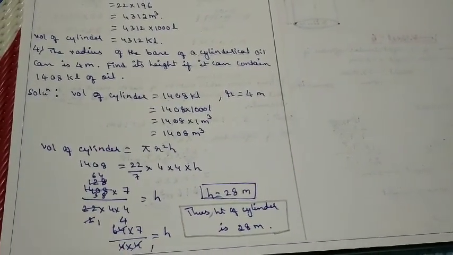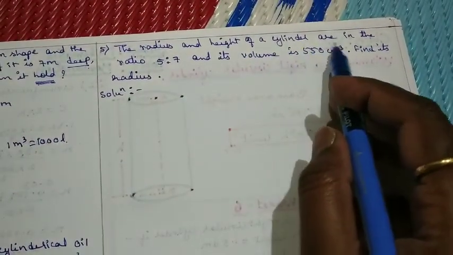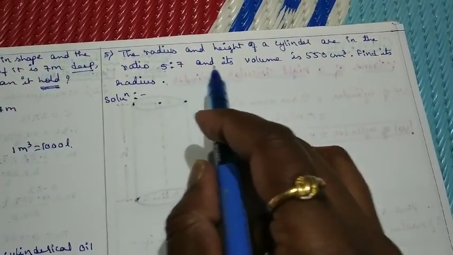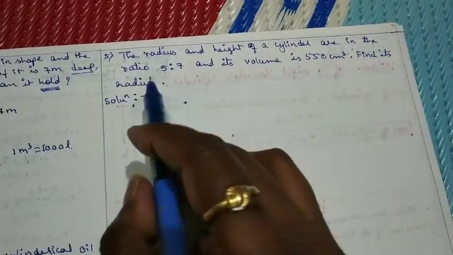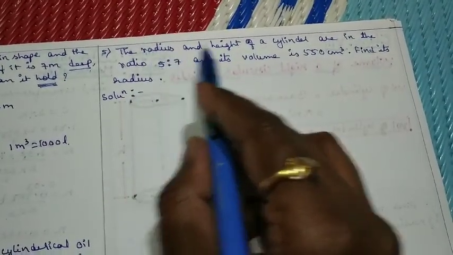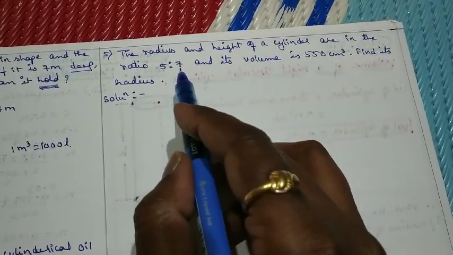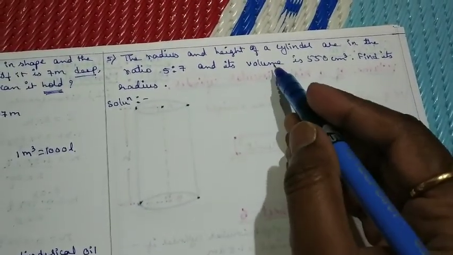Now we'll move to the fifth question. The radius and height of a cylinder are in the ratio 5:7 and its volume is 550 centimeter cube. Find its radius. So here radius and height are both given, but in the form of a ratio. So we need to first find the constant ratio by knowing the volume.